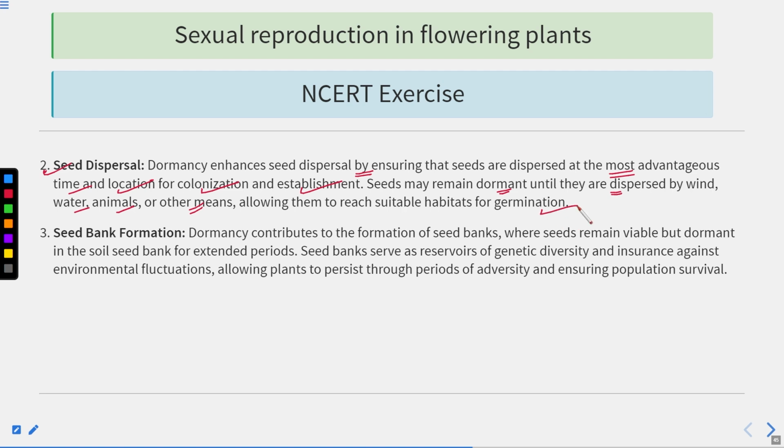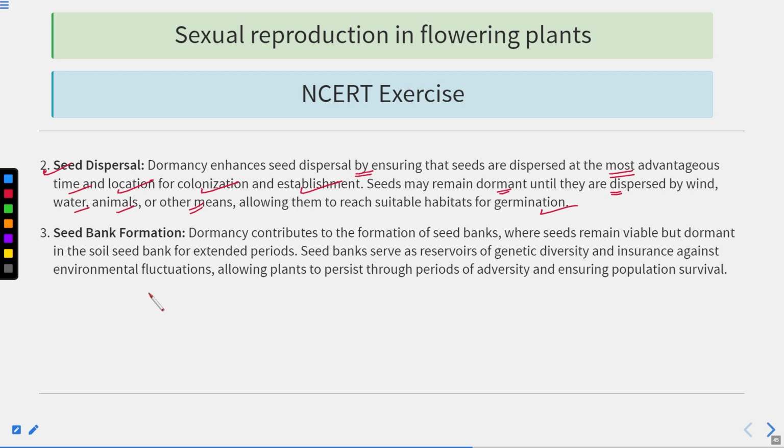Clear? So zygote dormancy also helps in the seed dispersal, and by remaining dormant, the seeds remain dormant till they are dispersed by agents such as wind, water and animals, and this allows them to reach suitable habitats for germination.